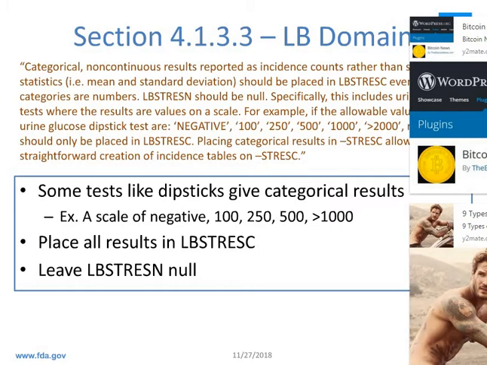So if you used a number to create group means in a test that was outside the limit of quantitation, that should go into SUPPLB and LBCALCN. And this is really only for the specific case where you had measurements outside the limit of quantitation, for example below, and then you used a number to calculate the averages.